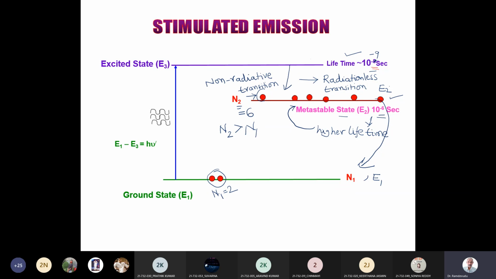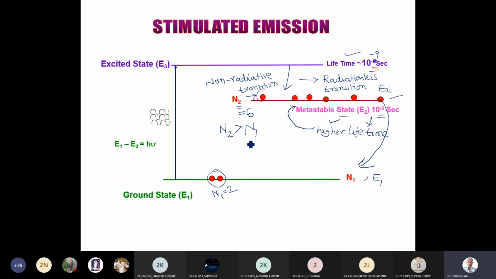A metastable state is an atomic energy level which has longer lifetime than the normal state. Such a state is important so that I can keep the atoms there for some time, so that the atoms will accumulate at that energy level. And the more atoms accumulated, when they fall, they will give you more photons. Therefore, the first one is the metastable state.